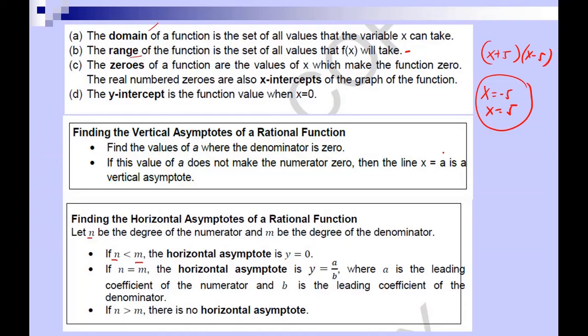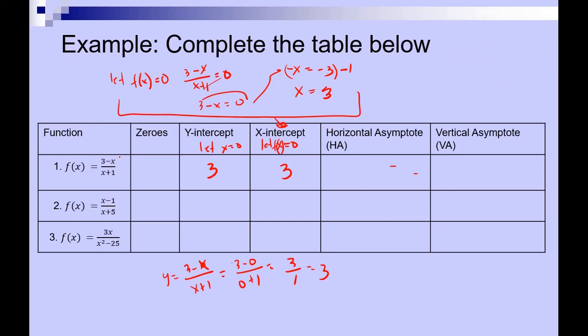And then for our zeros, we find the x which makes the function 0. So, what makes it 0? We look at the 3 minus x. We equate the numerator expression to 0. So, the numerator 3 minus x is equal to 0. So, negative x is equal to negative 3. Dividing by negative 1, x is equal to positive 3.